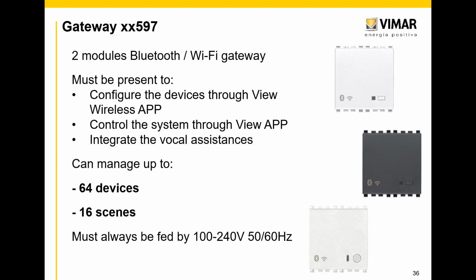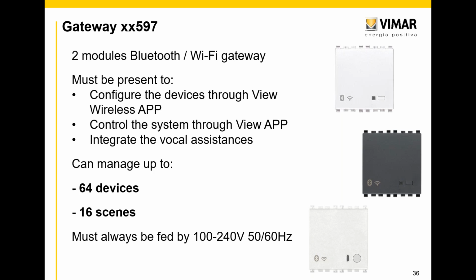This device keeps you in touch with the cloud, to your mobile when you are at home and when you are away, over 3G or 4G, and it allows you to control up to 64 devices and create up to 16 scenarios, including all the 64 devices. So the limit is 64 devices and 16 scenarios in total.